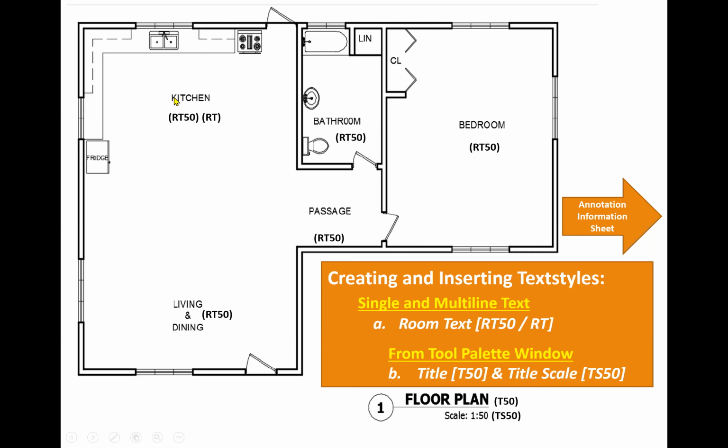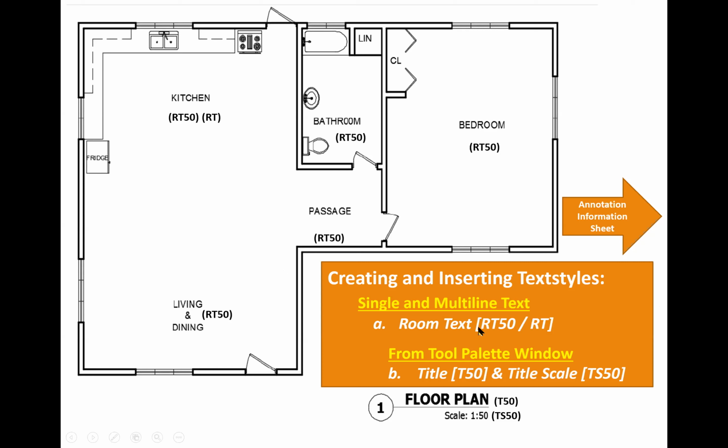So if you notice kitchen, bedroom, bathroom, and those things, beside all of them, I have RT50, RT50, RT50, as well as I have RT beside one of them. So let me now make that clear as to what's going on right here. So RT50, I use RT as an abbreviation for room text.